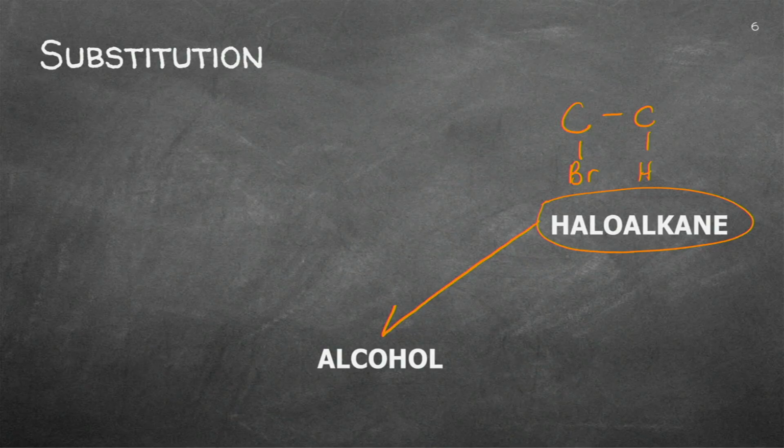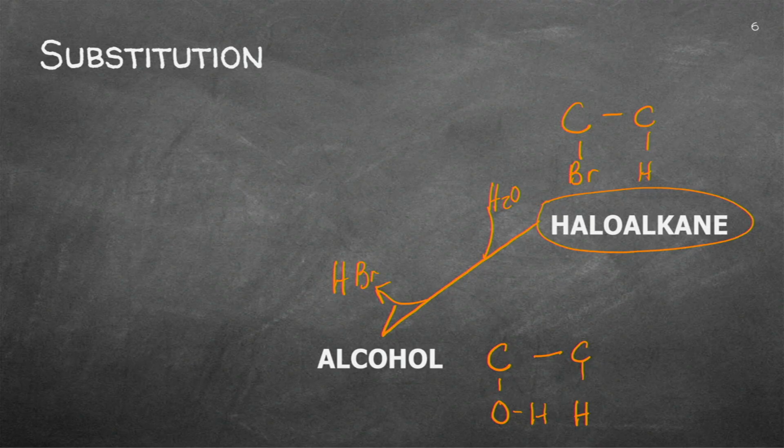Now you know the alcohol will have an OH and a H. So what do we do? We actually add water and we get the halogen off. So that's what you're going to do.